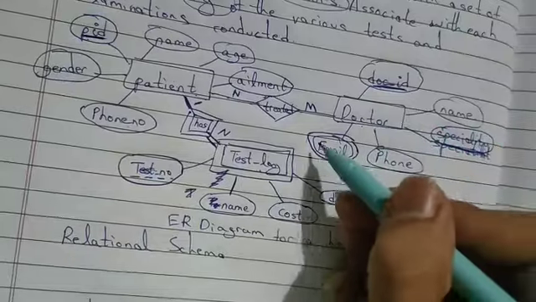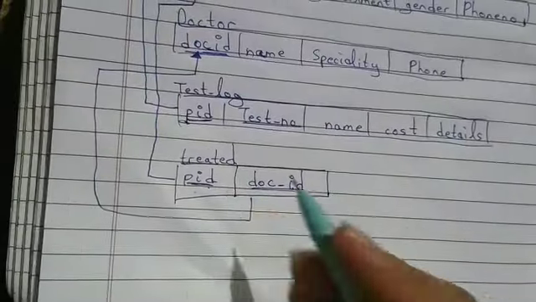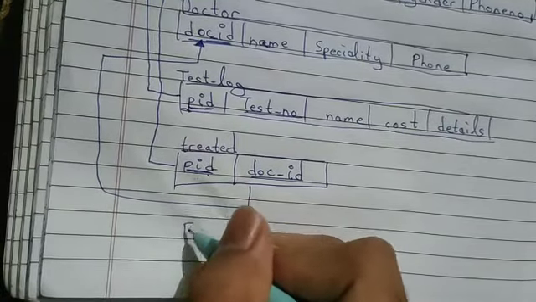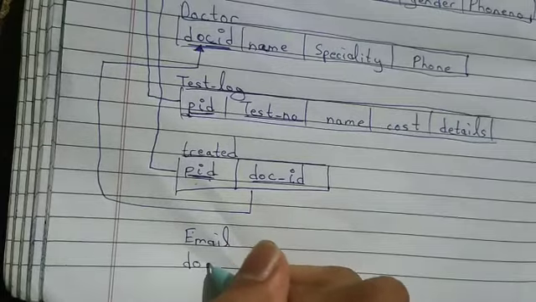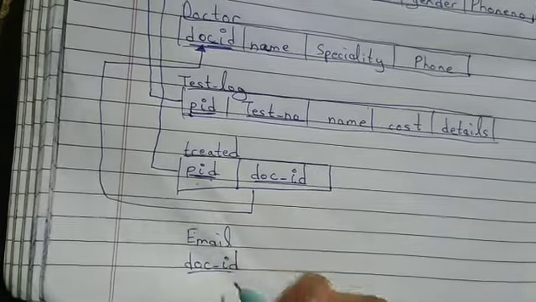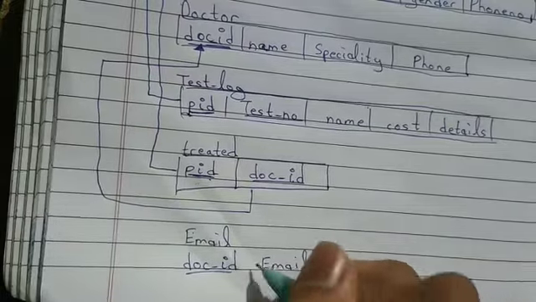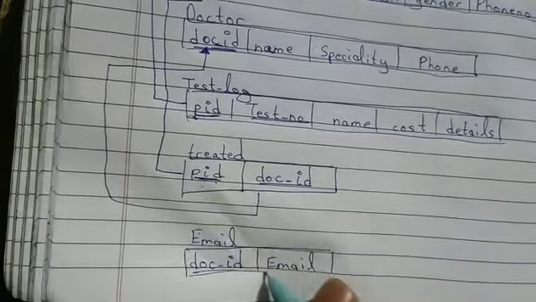And now lastly, we just have this multi-valued attribute called email left. The email is basically the doctor's email. So for the email relation, we need two attributes. One is the doctor ID, which will be the primary key, and then we need the email of the doctor. In this way, we'll be able to uniquely identify the email of the doctor.